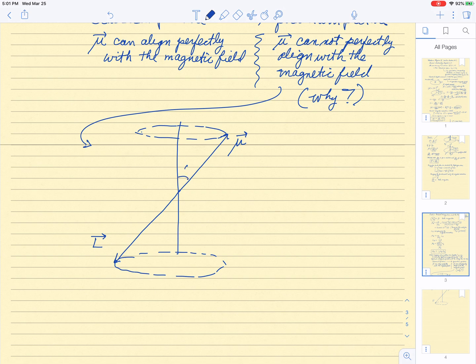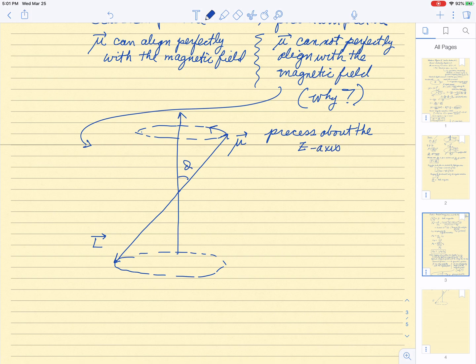We'll call this angle theta, and we're going to see that this mu is going to precess about the z-axis.